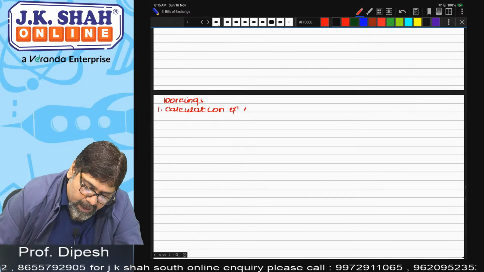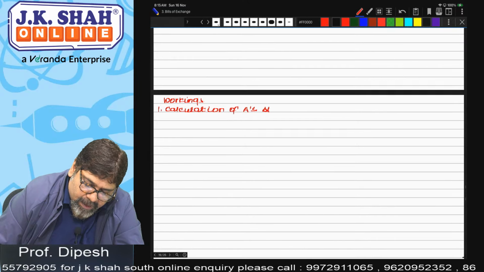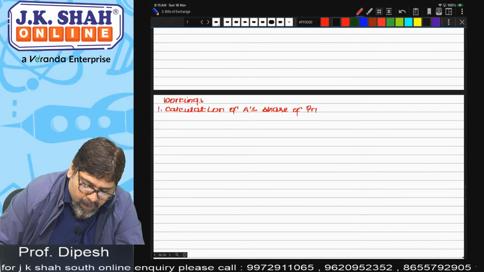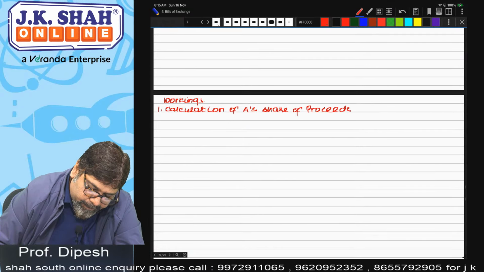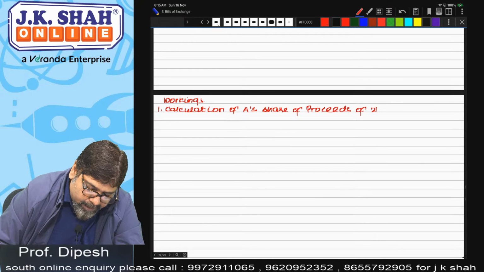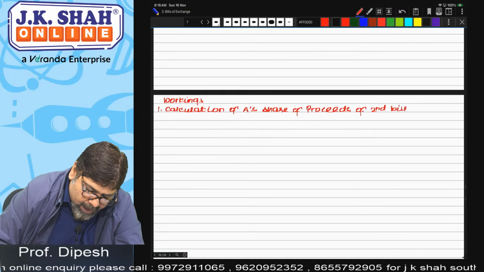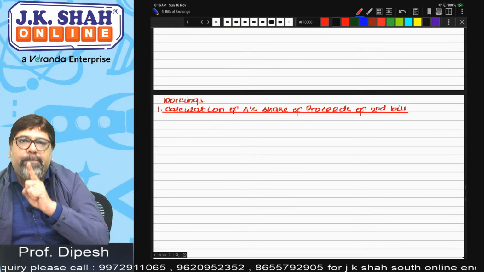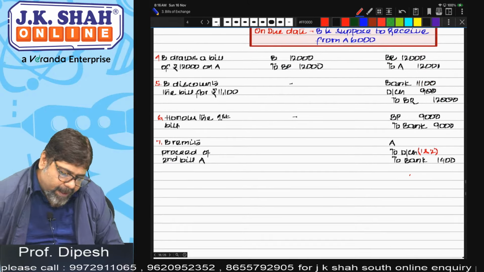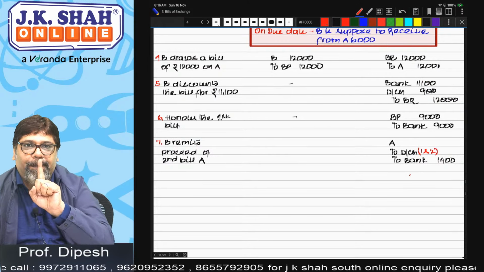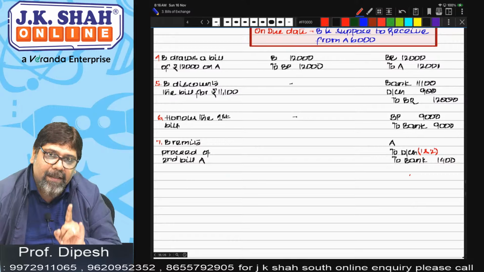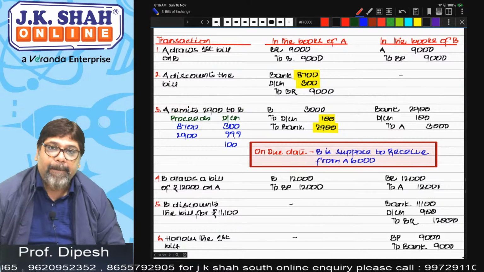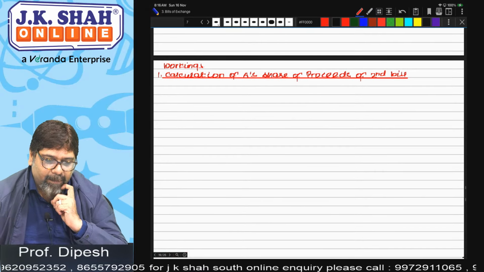Calculation of A's share of proceeds of second bill, because until and unless you get proceeds, we cannot apply this logic. So I want to find out A's share of proceeds.